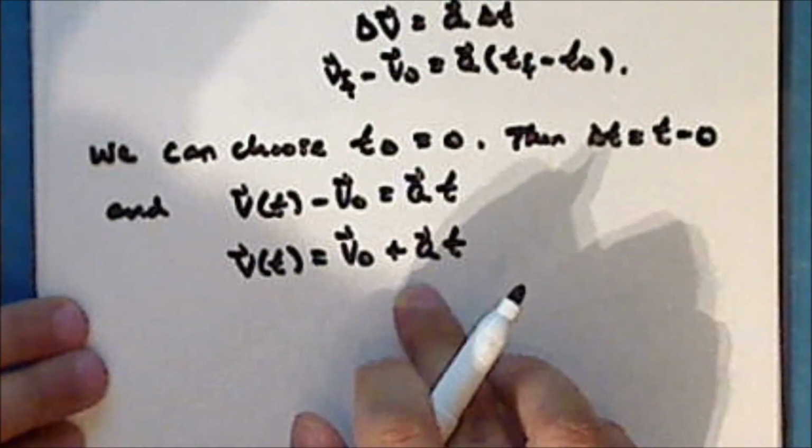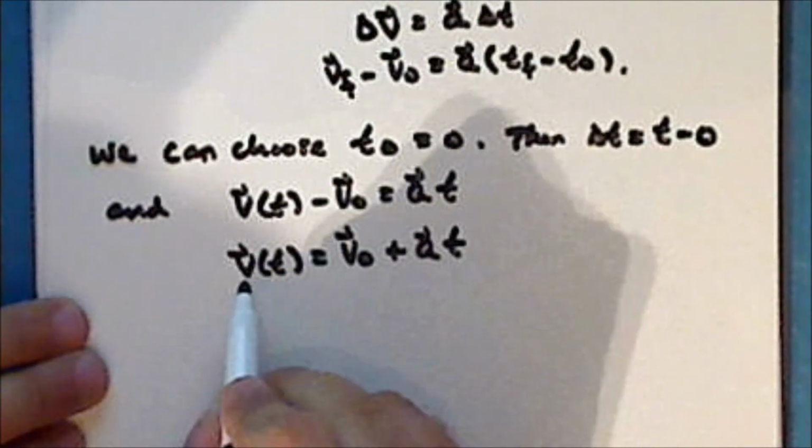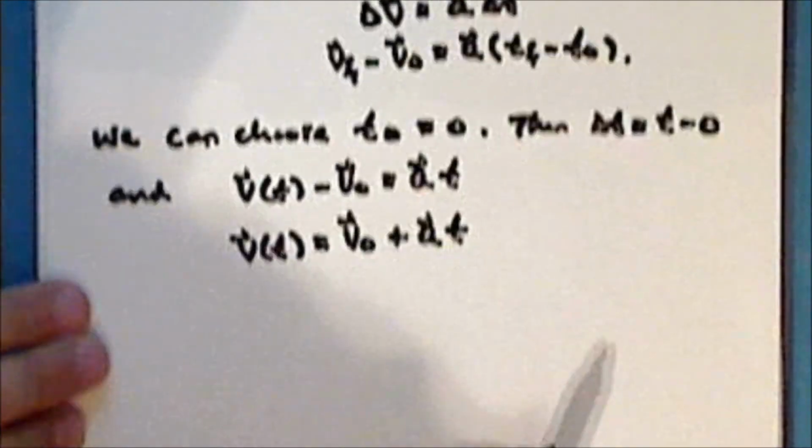Notice that this is a linear equation in the velocity versus time coordinate system.